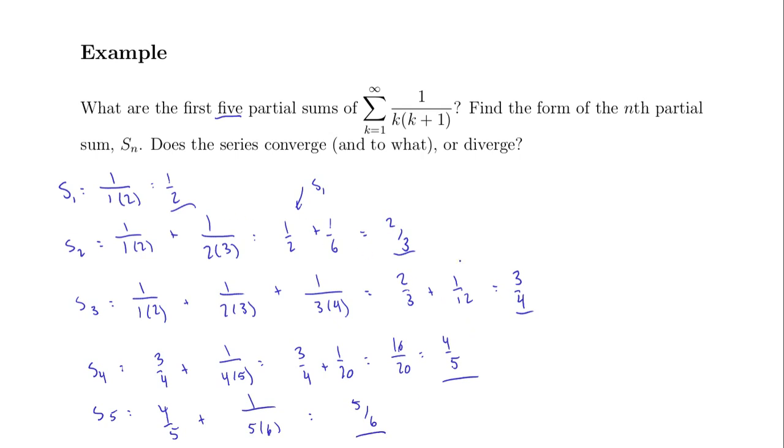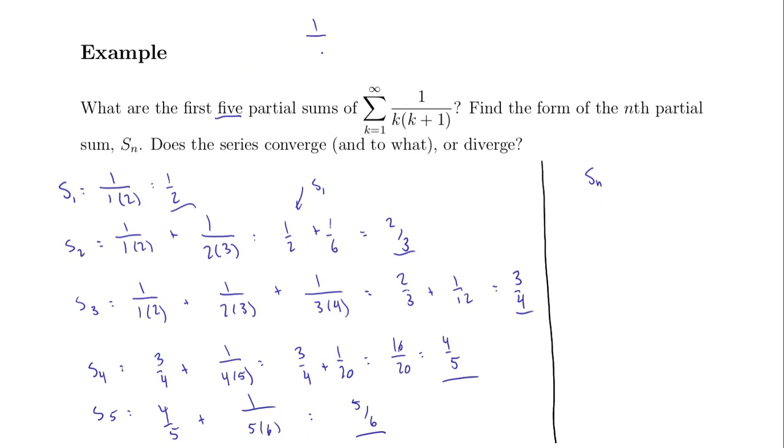I can tell because I can see really easily what this pattern actually is. So what we want to do now is to come up with the general form of S sub n. Now, I don't want to write out all the nth terms, right?